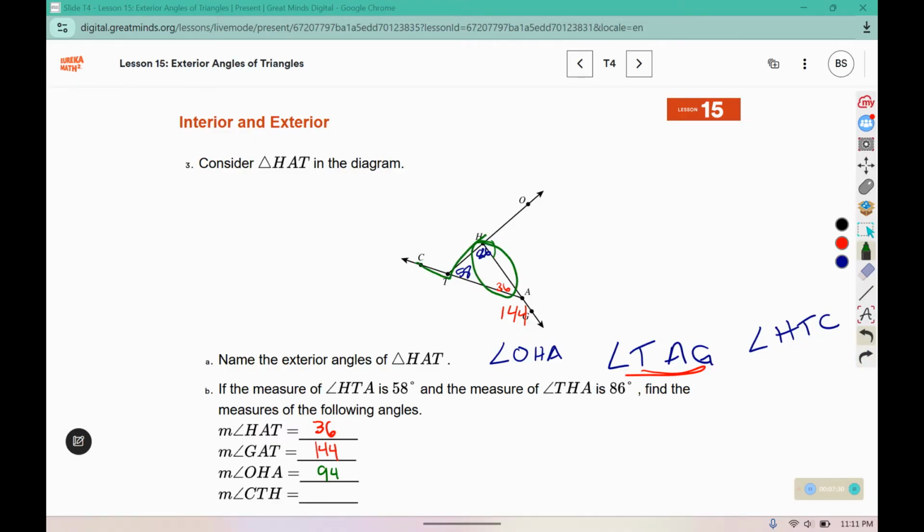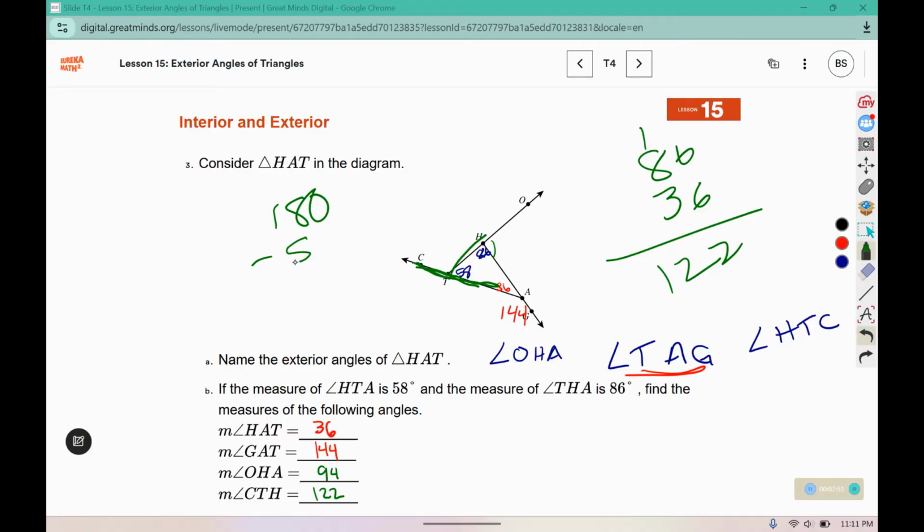If I combine 86 and 36, let's check that one. 6 plus 6 is 12. 8 plus 3 plus 1 is 12, so 122. And then we could check there's a straight angle here, so 180 minus 58. 10 minus 8 is 2. 7 minus 5 is 2. 1 minus nothing is 1. So it works for all of those.